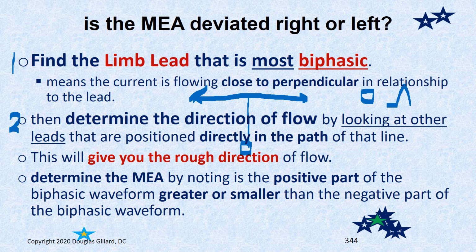If its QRS complex is really positive, then we know the current is flowing toward it. If it's negative, that means the current is flowing away, because we've learned that a limb lead, or any lead, if it sees a current heading straight at it, it's going to make a positive wave. If the current is traveling away from it, it's going to make a negative wave. Okay, so once you have the direction of flow, then you're going to determine the real mean electrical axis by noting whether or not the positive portion of the biphasic wave is greater than the negative, or vice versa.